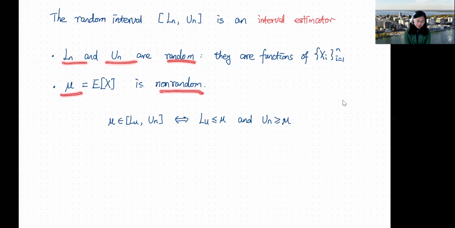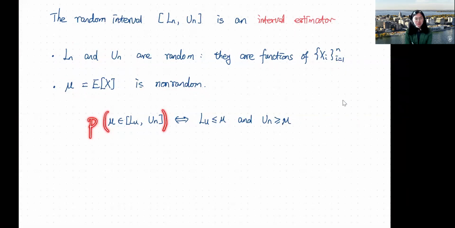So when you are trying to understand what we mean by the probability that mu belongs to this interval, that probability is taken with respect to the randomness in Ln and Un, not with respect to randomness in mu, because there is no randomness in mu.